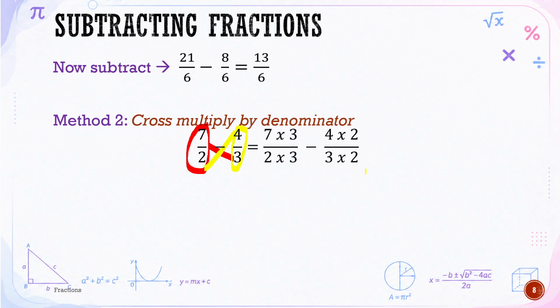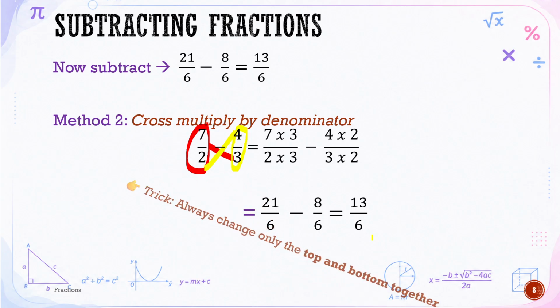Both numerators and denominators you have to multiply. This is going to give you 7 multiplied by 3, that is 21, 2 multiplied by 3 is 6, minus 4 multiplied by 2, that's 8, and 3 multiplied by 2 is again 6. Now as the denominators are the same, we would subtract the numerators, that is 21 minus 8, which gives you 13 by 6.